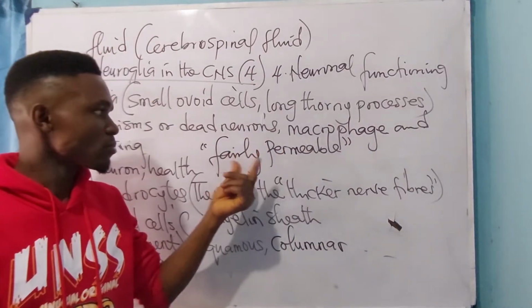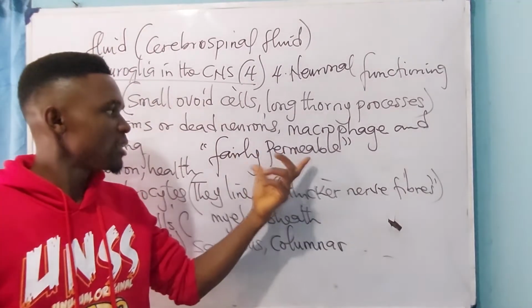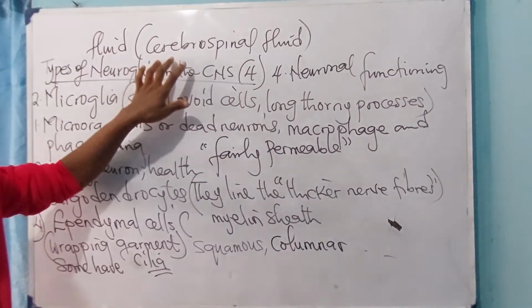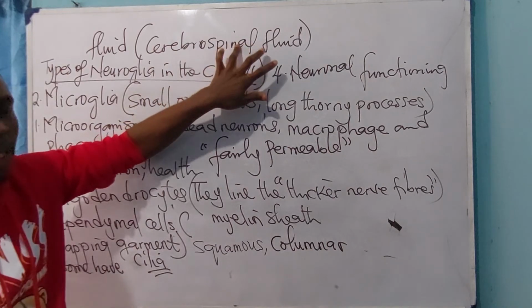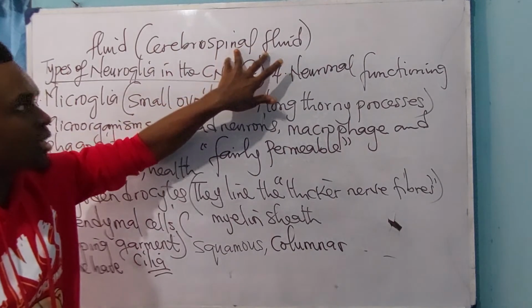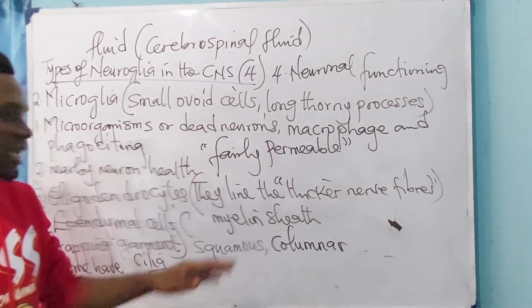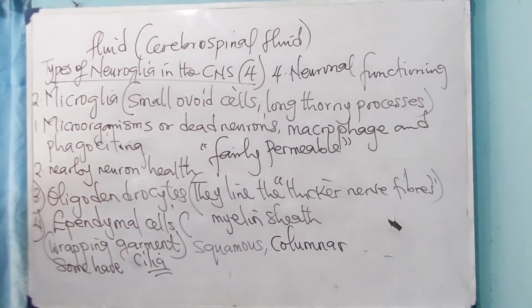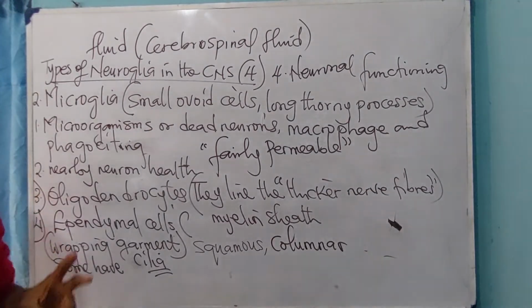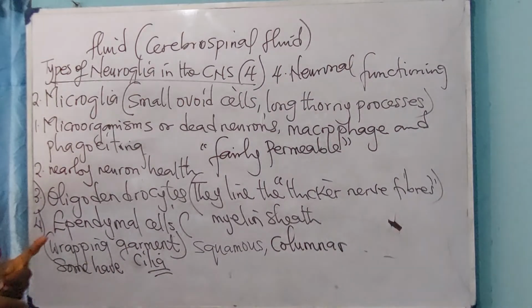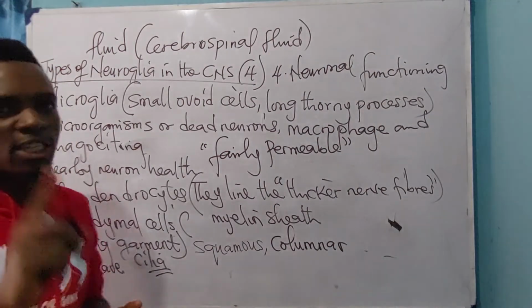And the cavity they form is made up of this fluid, this cerebrospinal fluid. And this fluid, I said, helps to bathe the cells that are found in the central nervous system. Those are the two functions of the epidermal cells. I recap. One, by the beating action of the cilia, they circulate the cerebrospinal fluid, thereby cushioning the brain and the spinal cord.